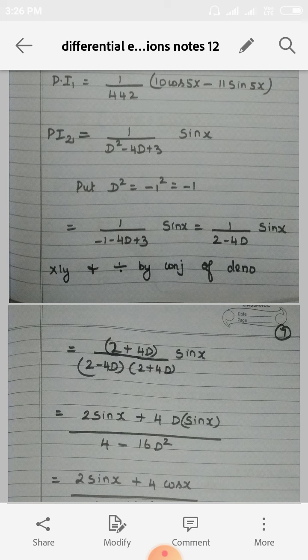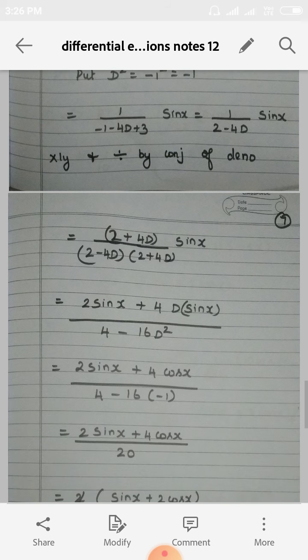Now multiply the numerator terms, we get 2 sin x plus 4 into D sin x divided by, the denominator is in a plus b into a minus b form, we get 4 minus 16D square. Now see the numerator, 2 sin x plus 4 into differentiation of sin x, it becomes cos x, divided by, again substitute D square is equal to minus 1, 4 minus 16 into minus 1.